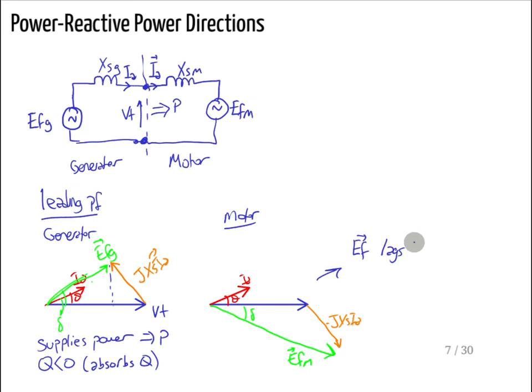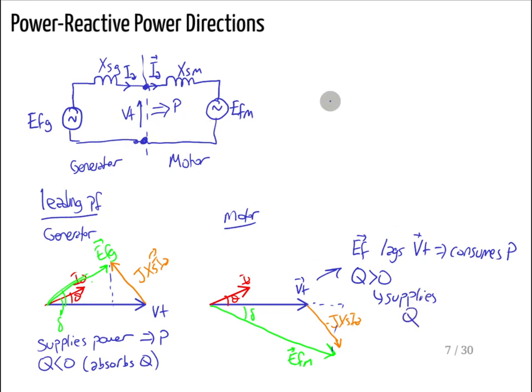However, if you look at that one, EFM lags VT. That means it consumes real power, so real power is coming from that side to that one. But EFM cos delta minus VT is that distance now. That one is larger, so Q is larger than 0, and that one supplies reactive power.